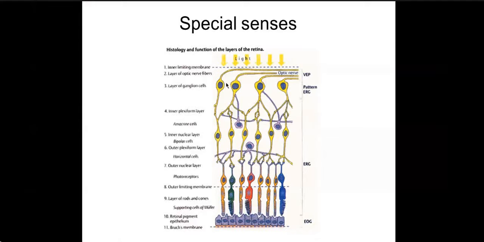This is the dendrite. This is the axon of the ganglion cells, and combined, they make the optic nerve, right? So, the photoreceptor cell layer of rods and cones, then the bipolar cell layer, then the ganglion cell layer.